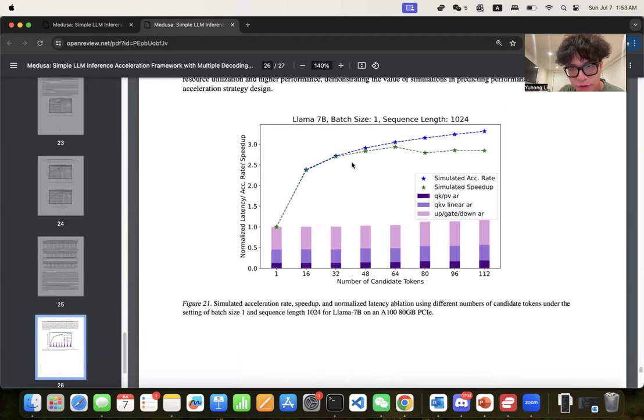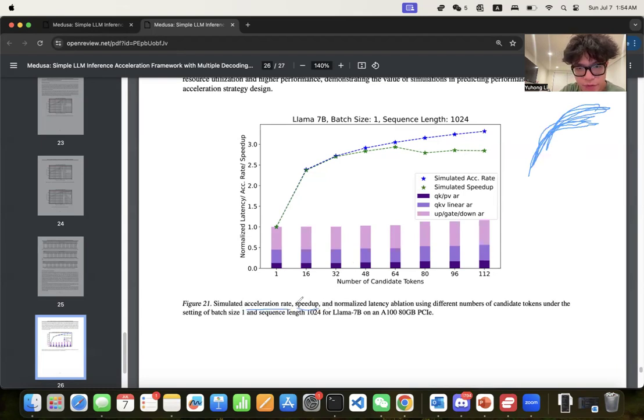Okay, here is the simulation of the acceleration rate. If you remember from the slides or the previous section of the paper, we have this tree, the tree attention, sparse tree, and we use a log curve to simulate this acceleration rate.